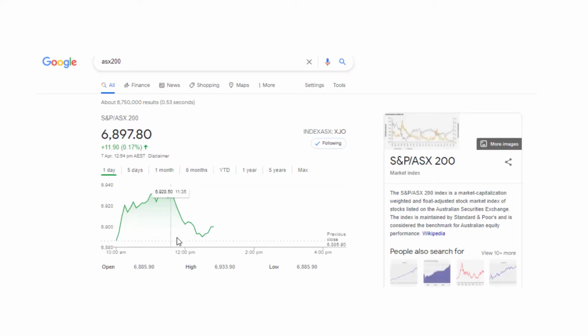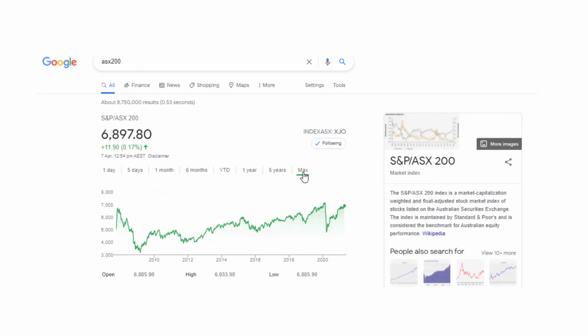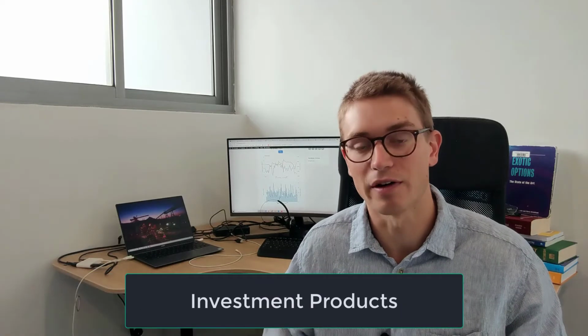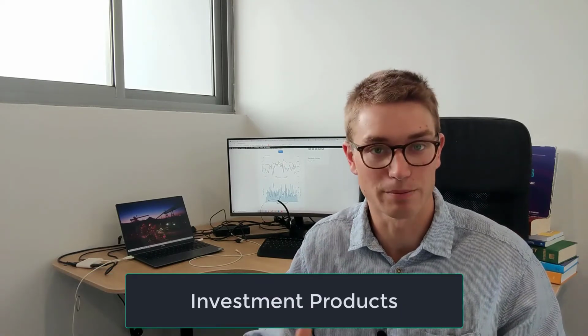So another index that is commonly used was developed in 2000, and that's the S&P or ASX 200 index. And as you can imagine, this tracks the top 200 Australian companies by market cap. So as an investor, it's very important to know that other than pure equities, commodities, fixed income instruments, there are a number of investment products available to us.